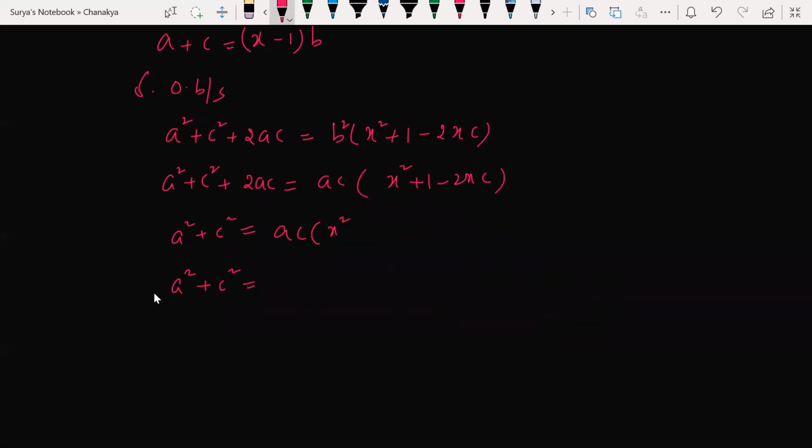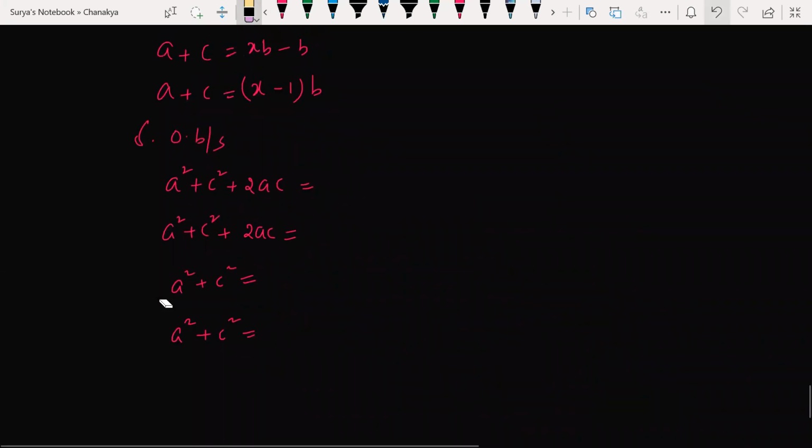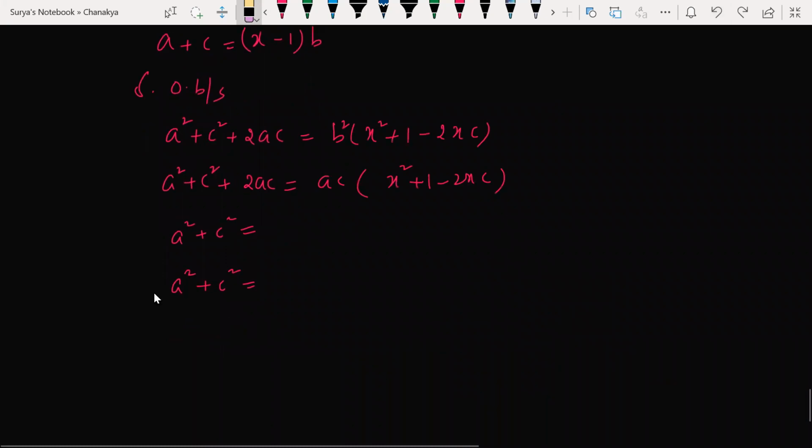Sir, in that first step of the squaring on both sides, for that second point, B square into X square plus 1 minus 2XC, how did we get that, sir? Which one? This one? Yeah, sir, that one. No, I just expanded it using the A minus B whole square formula.